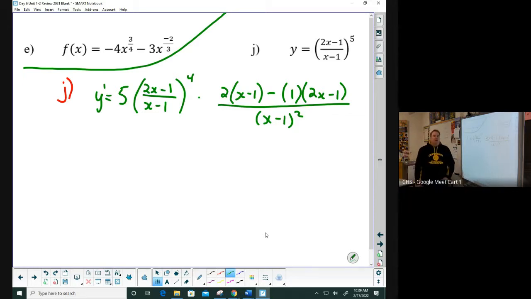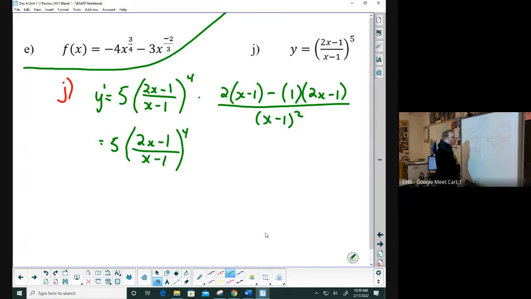So then I'm going to simplify. Right now I'm just going to leave this big garbage over here as is, and I'm going to simplify just the second part of this, like its own little question.